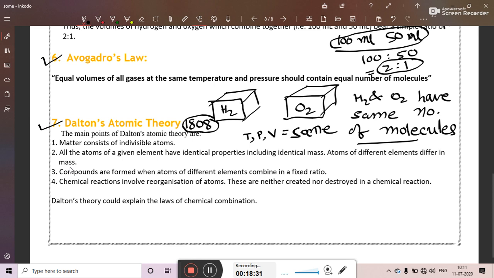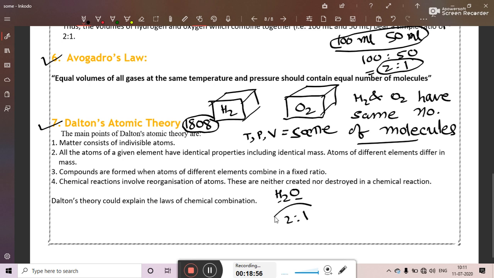Now the third postulate is compounds are formed when atoms of different elements combine in a fixed ratio. So in the formation of any compound, for example water, water is formed when hydrogen and oxygen combine in a fixed ratio, that is 2:1.